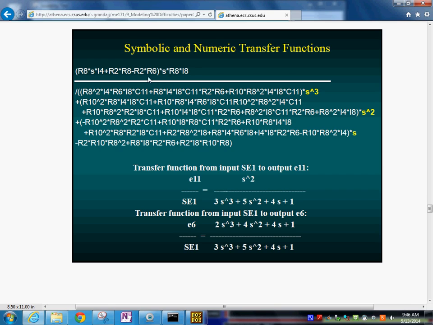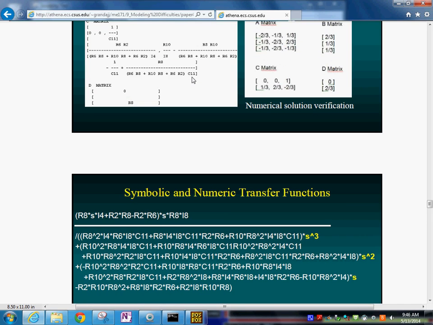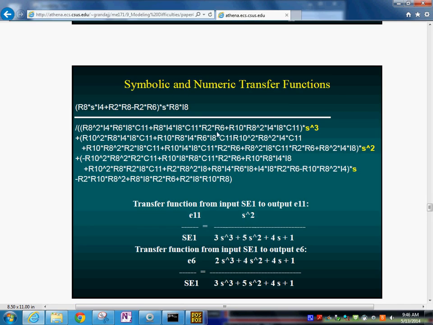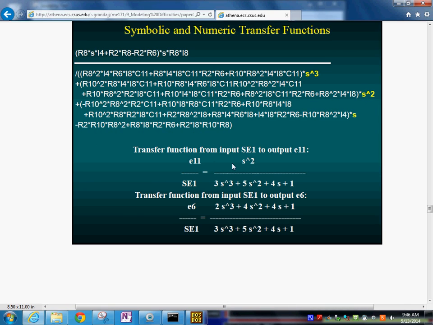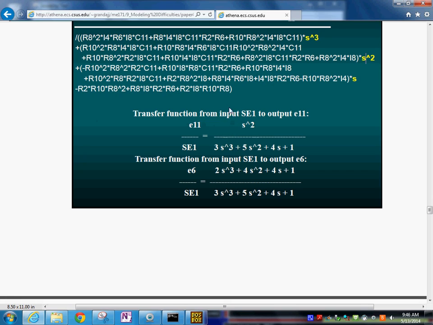So you could see in this particular case, produce the transfer function between two of these variables in here using these matrices. You see I put it in yellow here. S is cubic, is fourth, this is S, and then the constant term. If you put some numbers, you'll get something like this: E11 over SE1 and E6 over SE1.